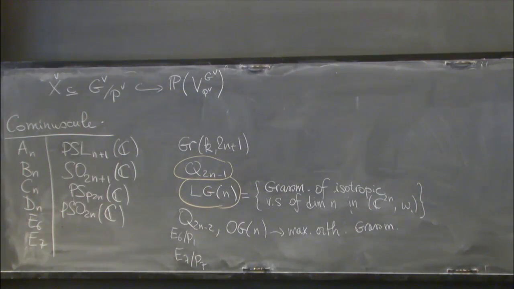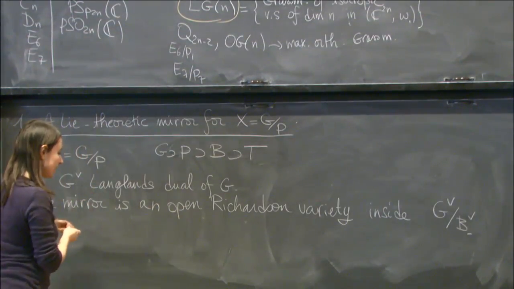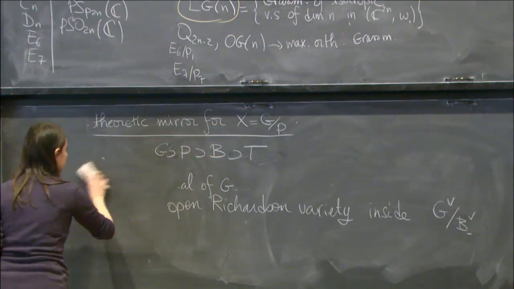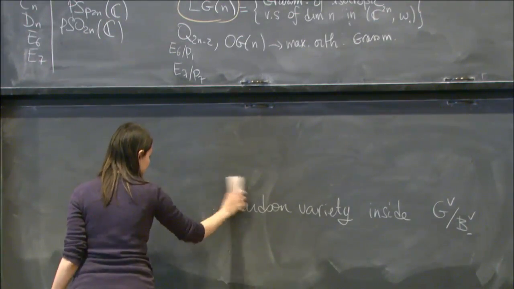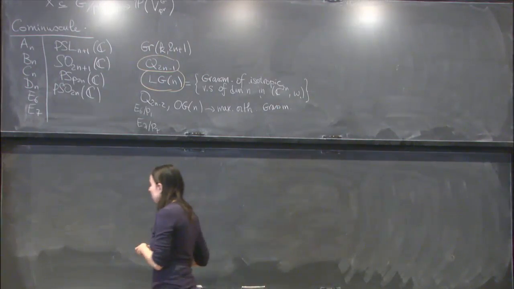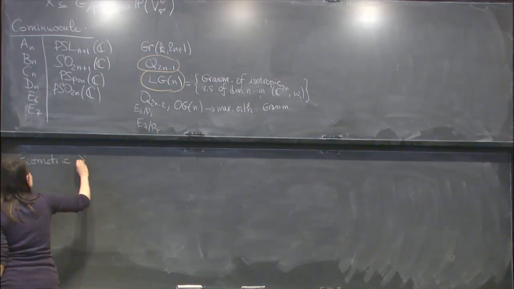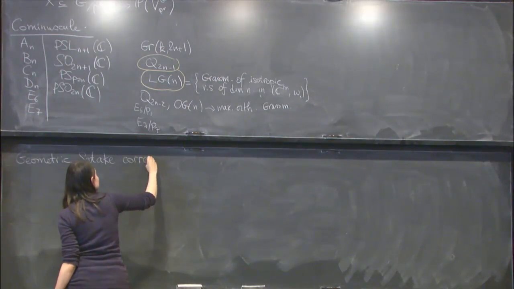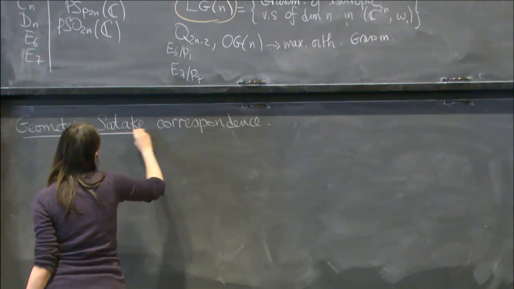So now, geometric Satake, what does it tell us in the cominuscule case?